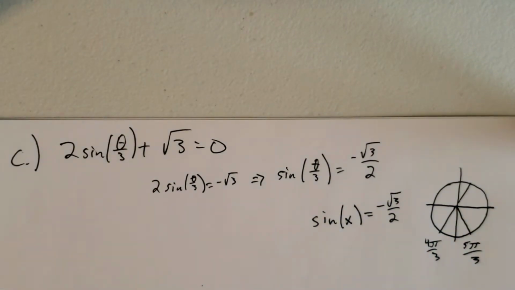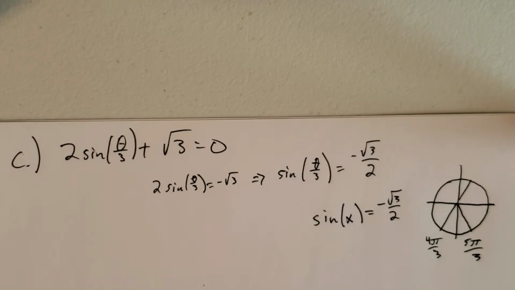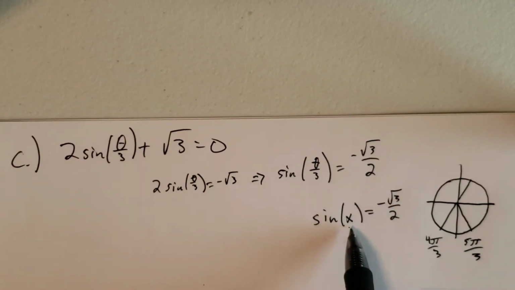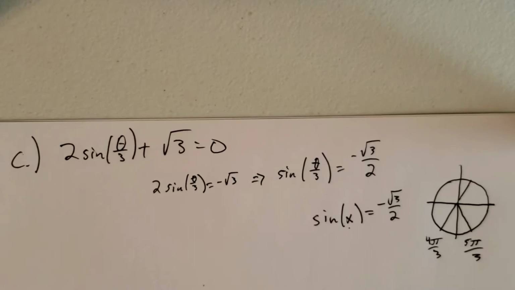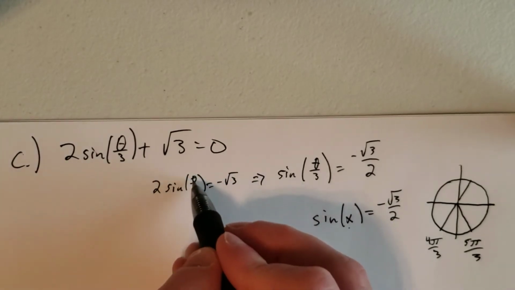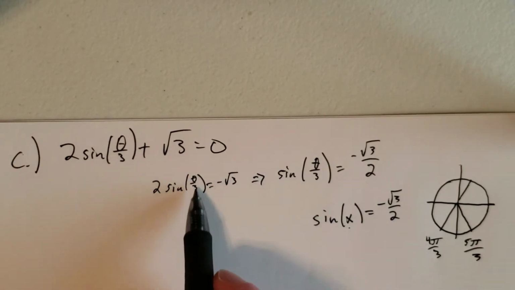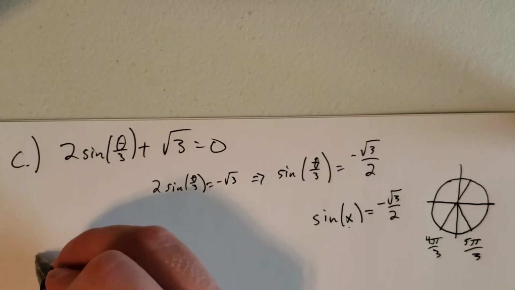So those two solutions give us sine of x is negative root 3 over 2. But that's a problem here, because we don't want what x is, we want what theta over 3 is. Or we want what theta is, but we know what theta over 3 is.